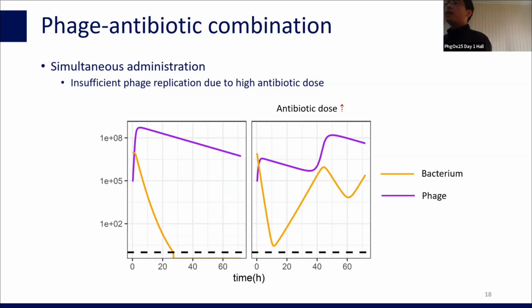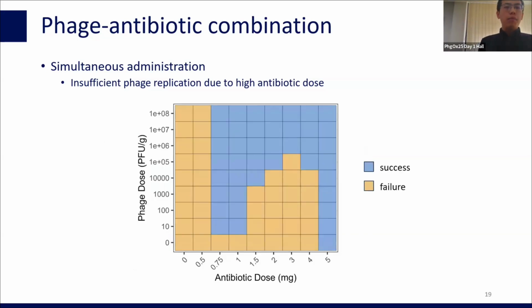So what's happening here is exactly the same reason: when increasing the antibiotic dose, it kills too much bacteria. So phage do not have sufficient food to replicate again, and eventually leading to the resistant development and the failure of the treatment. All right, and if we continue, well, we actually did a full range of combinations of the phage dose and antibiotic dose.